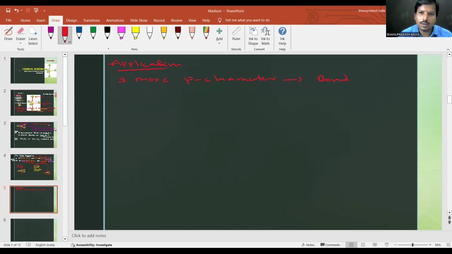Bond energy decreases, so what about the bond length? Bond length will increase. So what is this point? More percentage of p character, bond energy decreases, and obviously bond length will increase.